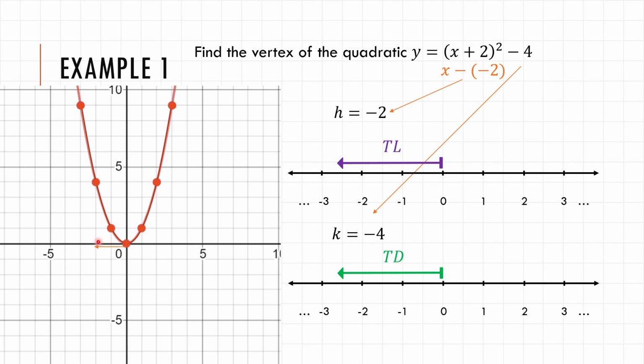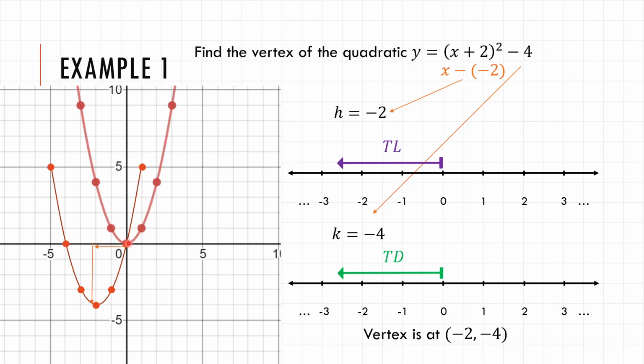So left 2 units, and now down by 4 units. This is the new location of our parabola. And the vertex is very clearly at negative 2 and negative 4. That is the coordinates of the vertex.